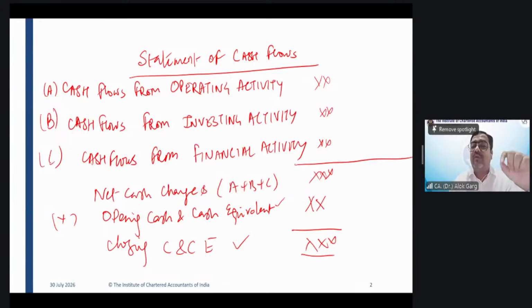And if this closing cash and cash equivalent is not tallying with the balance sheet, you have to give a reconciliation between the cash and cash equivalent lying in the balance sheet and the cash and cash equivalent lying in the cash flow statement. Okay, friends, I hope the context is clear to all of you. AS 3, IS 7, Ind AS 7.